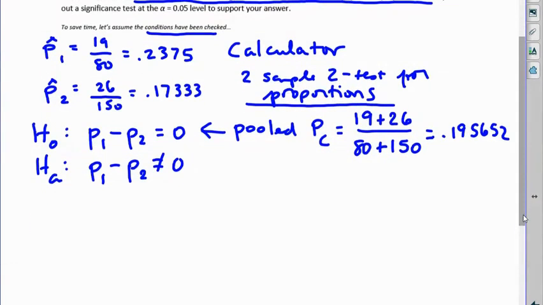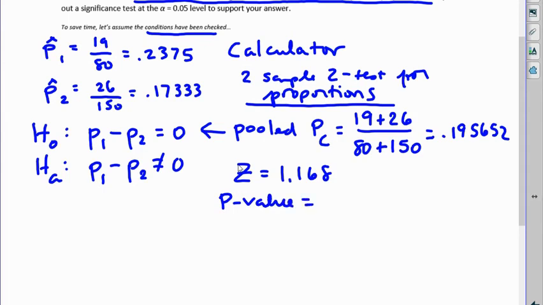I'll just write these things down on this paper, that we were able to get our z-test statistic, and that was using the pooled standard deviation of the sampling distribution, and that was 0.168. It gave us our p-value, and it was two-tailed.